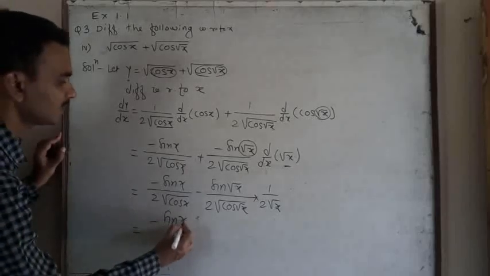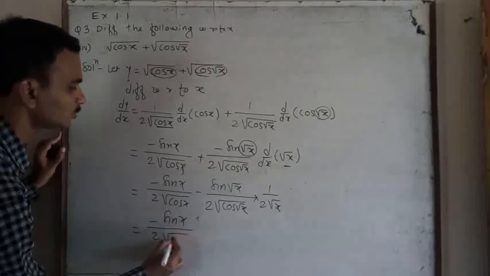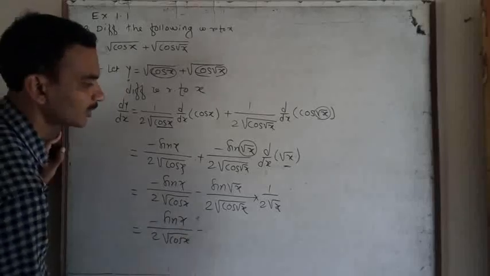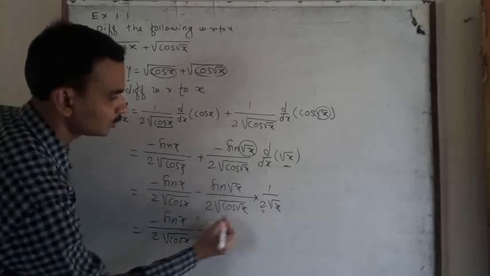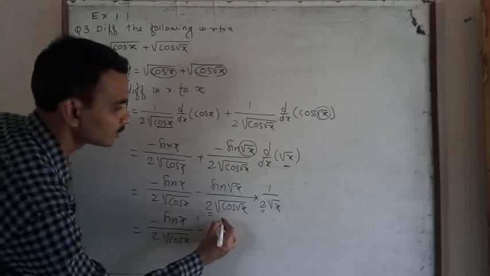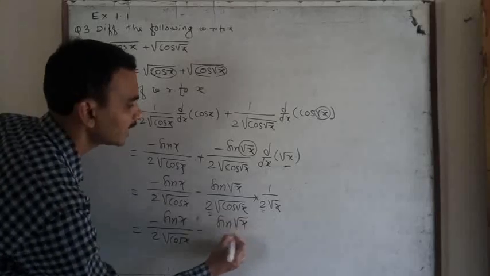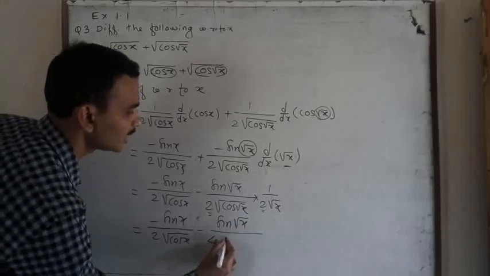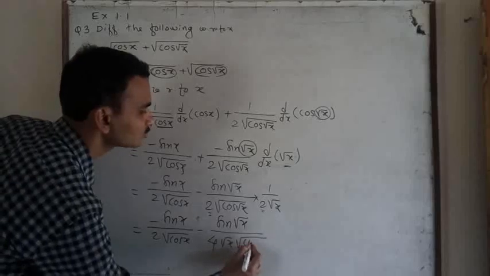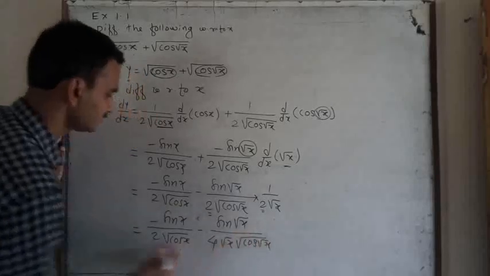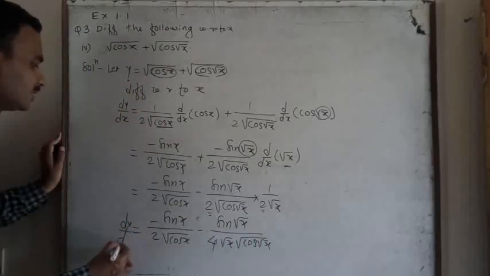Minus sine of x upon 2 under root cos of x, minus sine of under root x upon 4 under root x into cos of root x. This is our final answer, dy by dx.